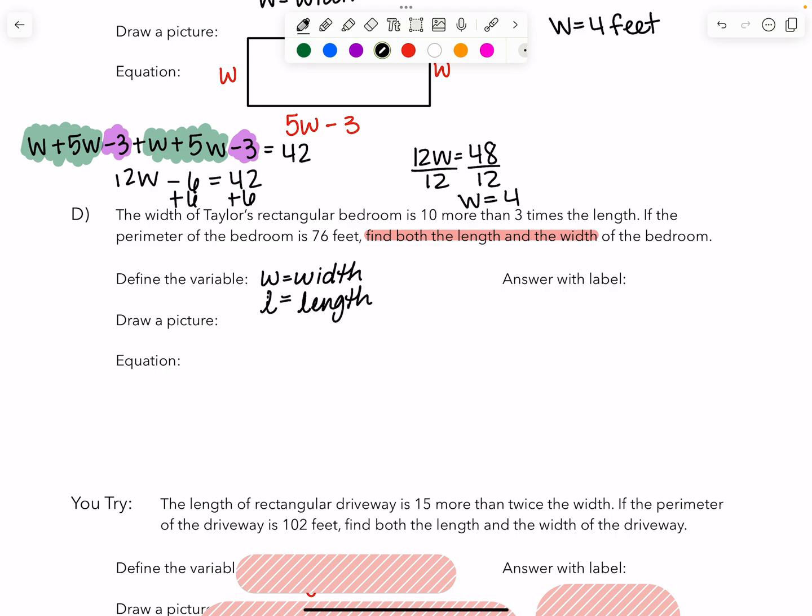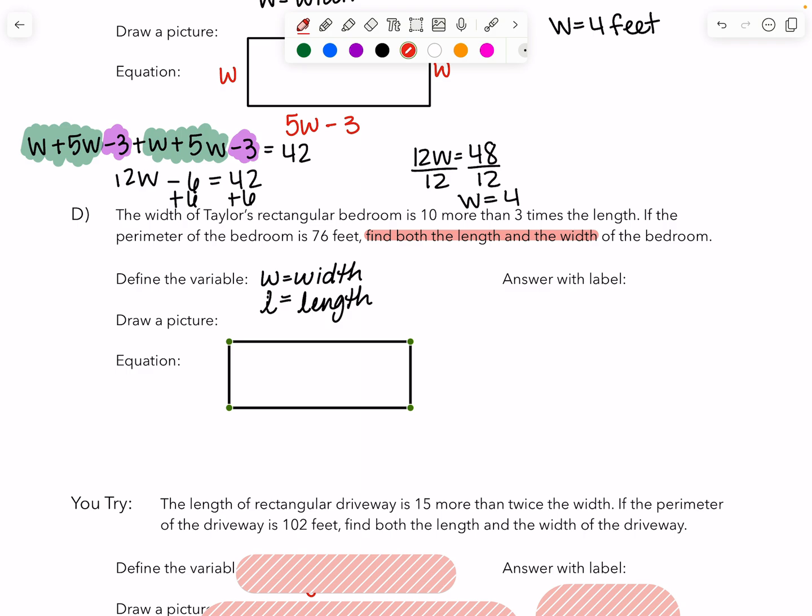Okay. Let's go ahead, draw a picture. So, the width is 10 more than 3 times the length.